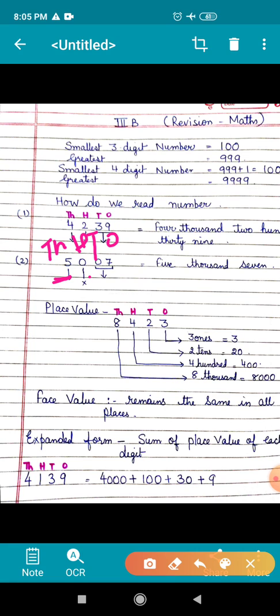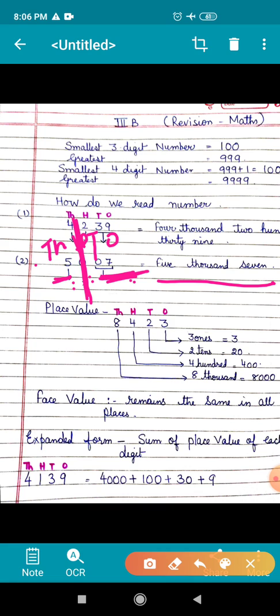So first we will read 5000. Now you can see under hundreds place there is 0, so we will not read this digit. We will jump to the next place, and so the number will become 5000, and 0 and 7 will be read as 7, so 5007.